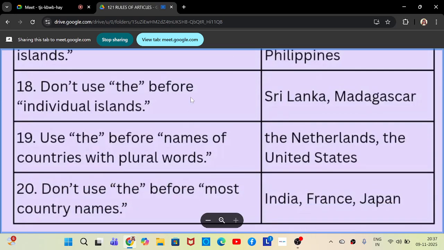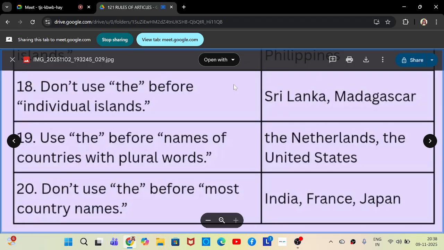Now, the 19th use: the before names of countries with plural words. There are lots of countries in this world, and most of them are singular countries.